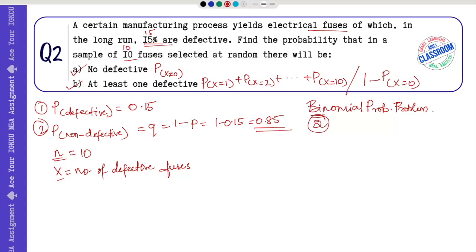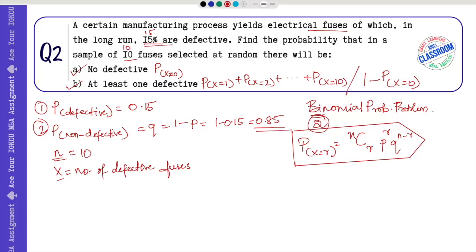Now what is the binomial formula? Probability of x is equal to r is equal to nCr p raised to r q raised to n minus r. This is the probability formula as per binomial distribution, correct? Yes. So this is what we have to apply. What is n here? n is the number of trials.